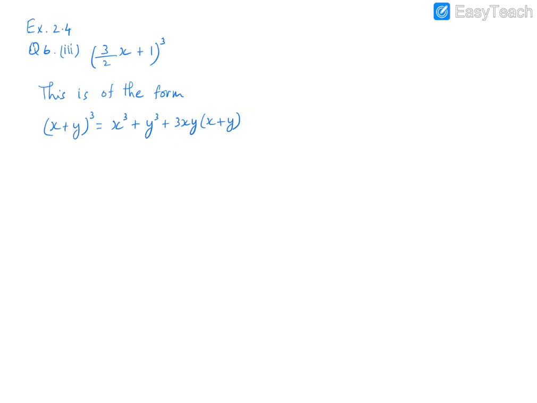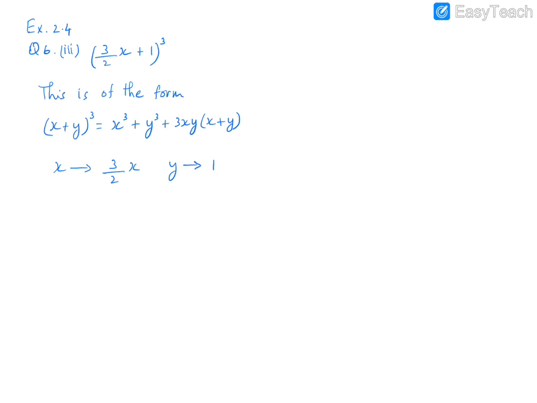So we just have to substitute the given values of x and y, and we will be able to expand this particular expression. So corresponding to x we have 3 by 2x, and in place of y we have 1.